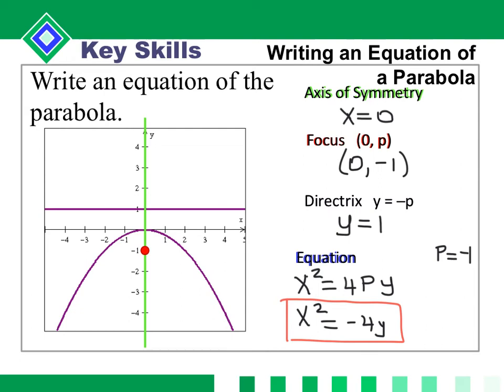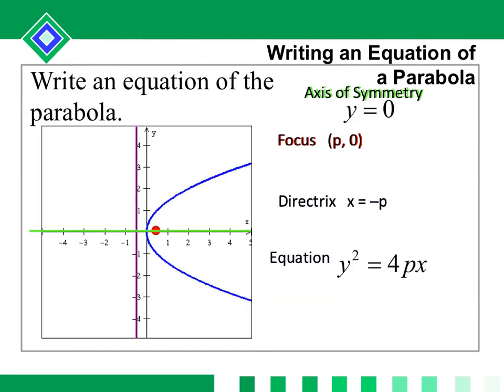Okay, now let's do another example. So here you have a parabola. The axis of symmetry is y is equals to 0, or the x-axis. The focus is half, 0. The directrix is going to be on the other side, x is equals to -1 over 2. So the equation is going to be y squared is equals to 4 times half x, because p is equals to half.